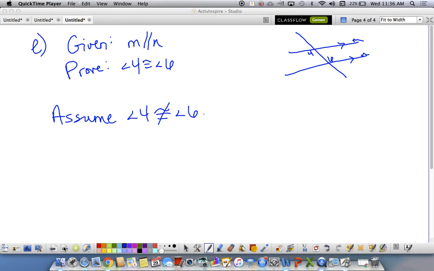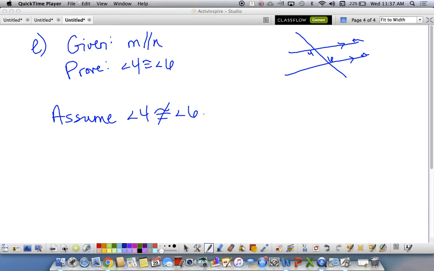Okay. Next line. What do we know? What postulate, theorem, definition, property do we know? How are 4 and 6 related to each other? They're alternate interior angles.